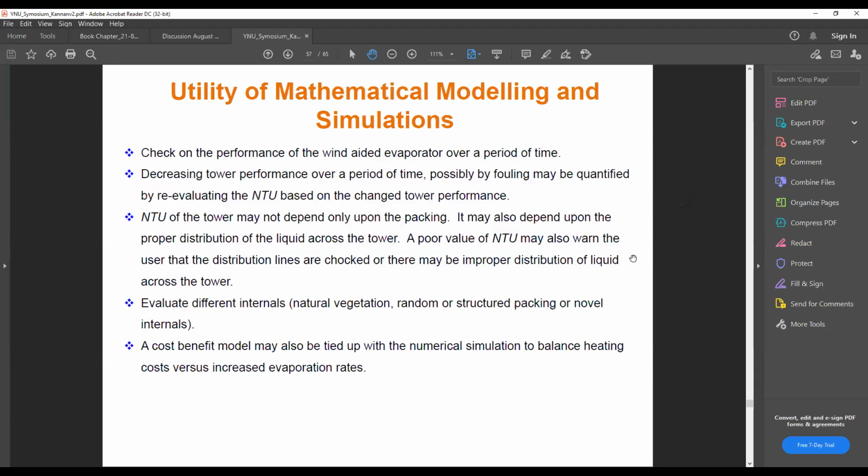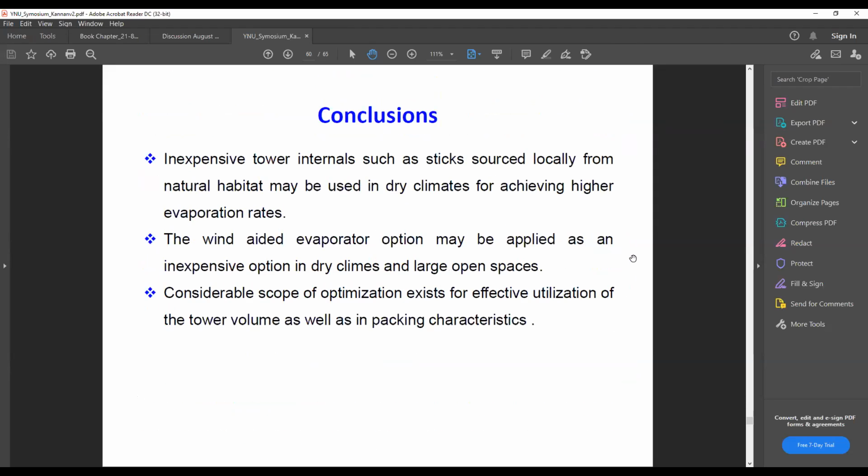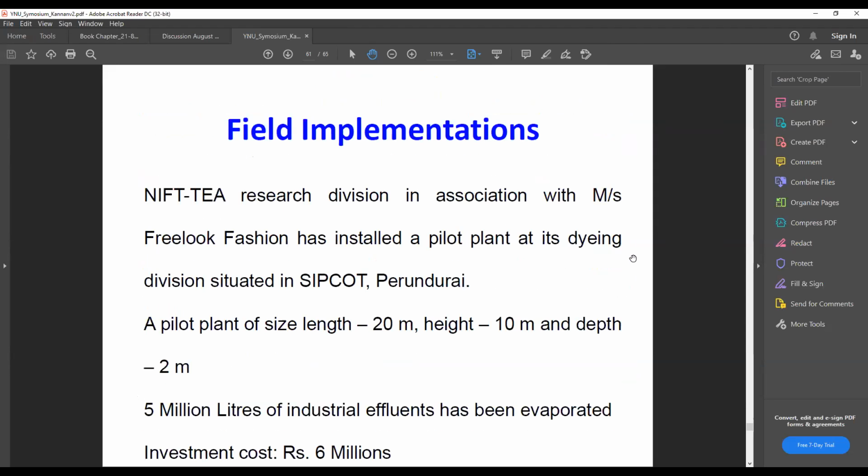Okay, so all these things, the mathematical model helped us to calculate the requirements of the number of evaporators for a field condition. And then we also compared our results with published literature. We found reasonable values. And then what we did was we implemented this technology in the field.